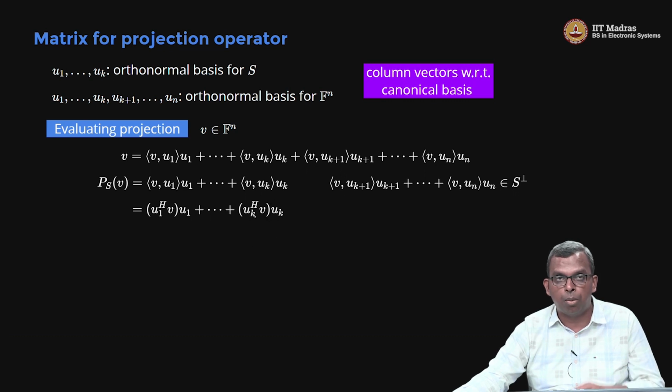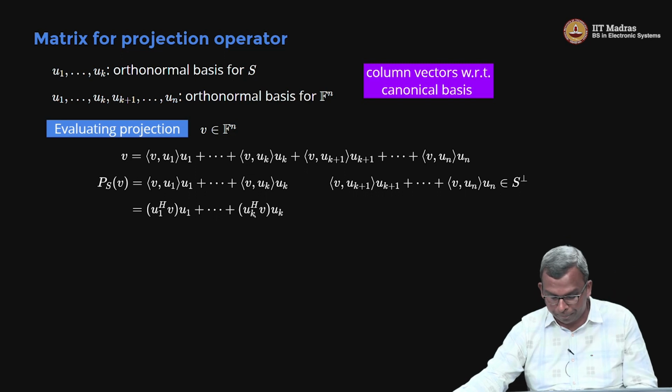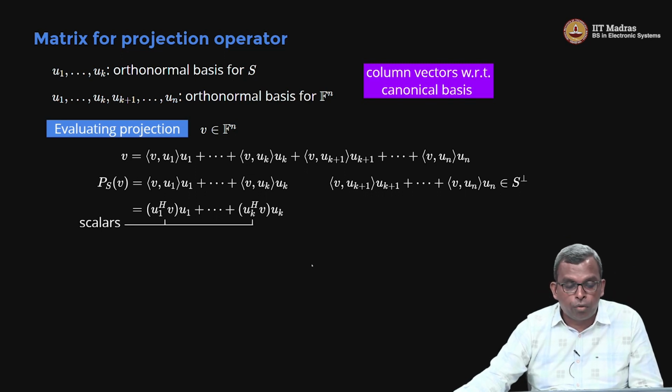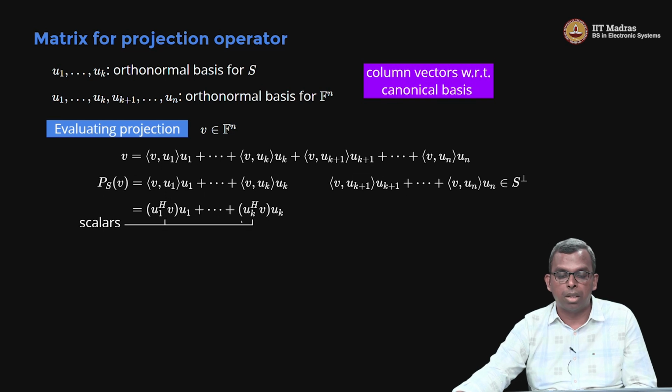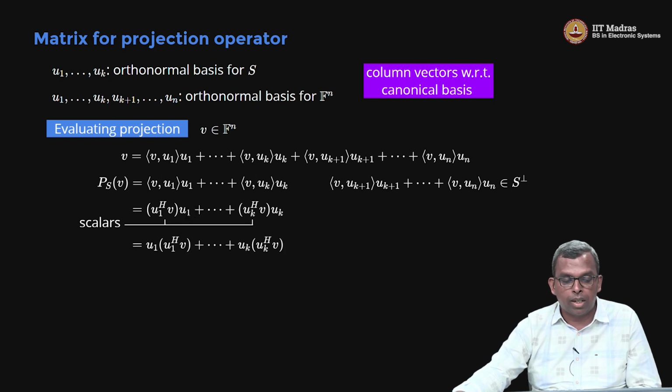UK Hermitian, remember, is the row vector with conjugation also. Okay. Now, if you stare very carefully, these are scalars, just a number like 2, 3, 1 plus j, whatever. And U1 is a vector, right. So, scalar and vector, I can move the scalar to the other side. Okay, that is a crucial observation.